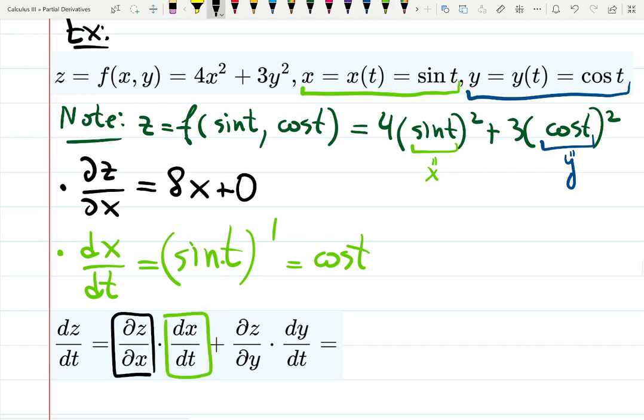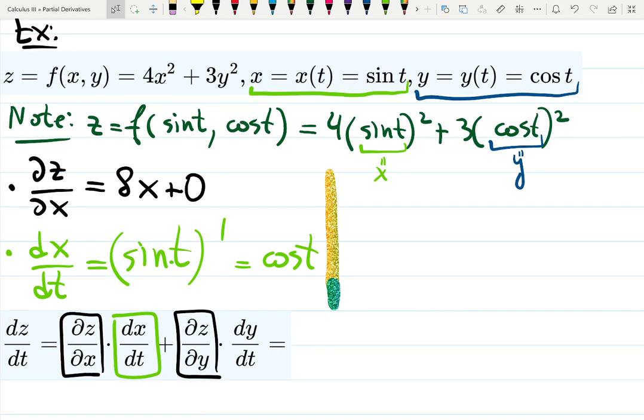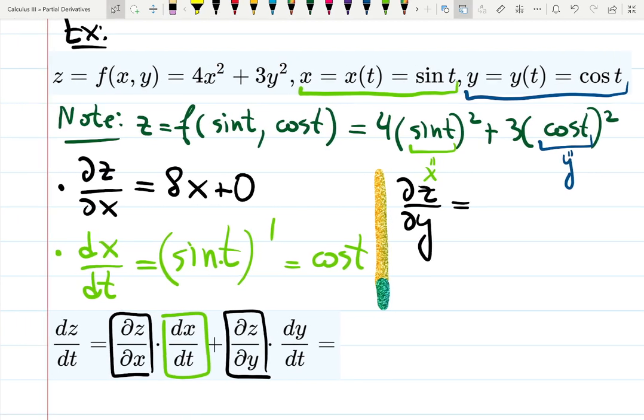Plus, I'll put a bar in the rainbow, like so. Now, let's do black. Partial derivative of z with respect to y. It's partial because I have a choice. And I'm choosing now to differentiate with respect to y. I'm looking again at this function in the black box. And now my brain tells me, okay, 4x squared is the constant now.